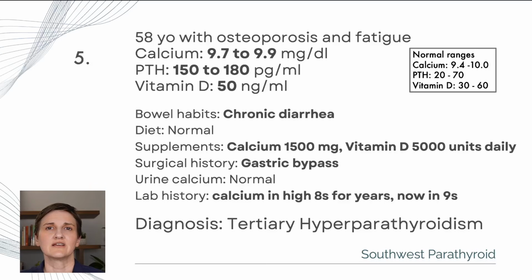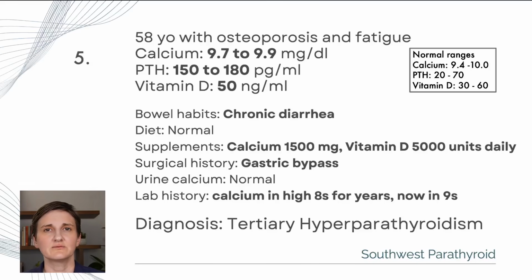The calcium level can go back up to normal, but the parathyroid glands in somebody who's on dialysis for years are usually so big and bulky that they can't turn off. They continue to make hormone. The classic scenario, and the one that most doctors think of, is dialysis patients who get a transplant. But tertiary hyperparathyroidism does happen sometimes in other patients.